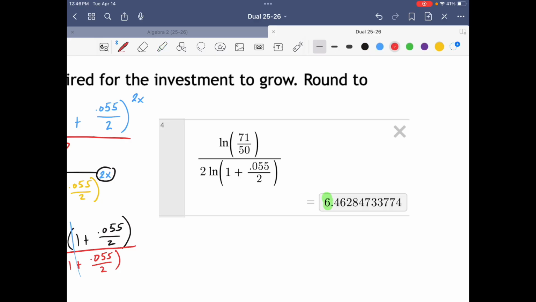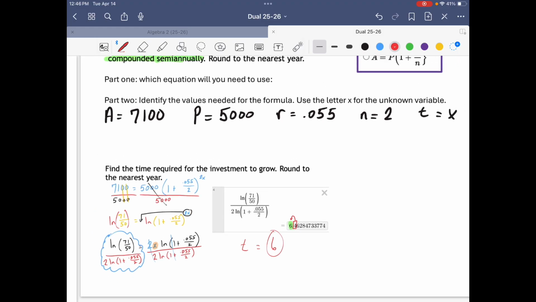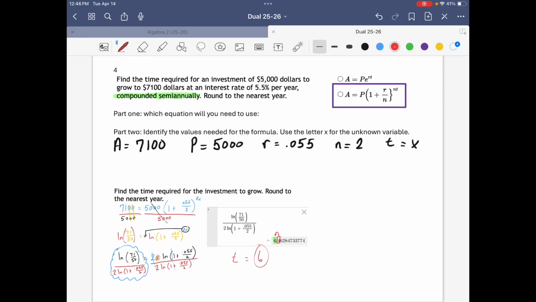But is it 7 or is it just 6? That 4 is not big enough to make that go up. So the answer is going to be 6. We don't have to put t, but it's 6 years, but the answer is going to be 6. That's kind of a weird question. Not too bad, especially if you understood the notes from last time in class 5.6.